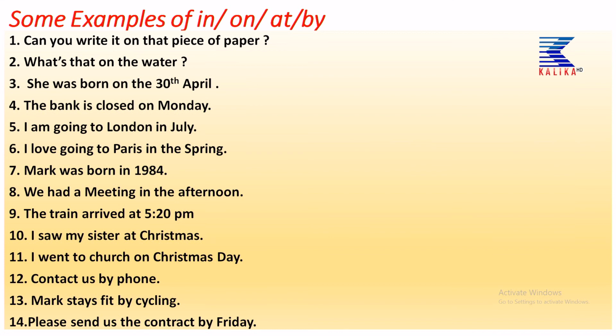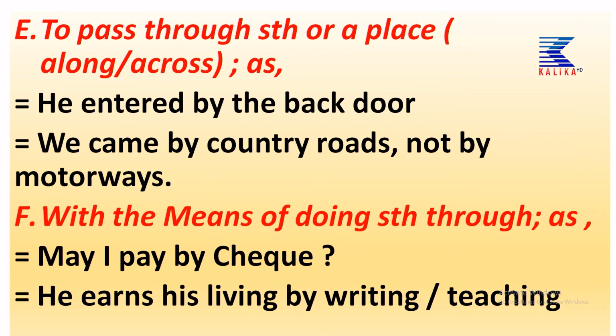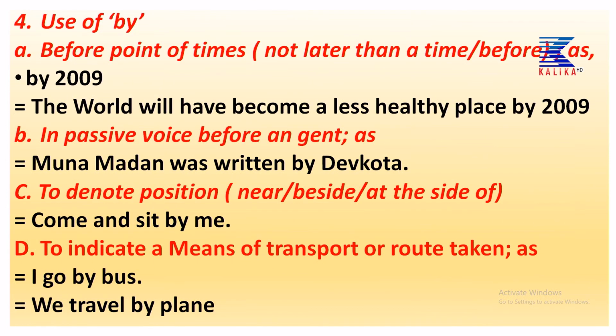So, I would like to go back again, children. I want to go back to the use of by, before points of time, meaning not later than. Here is the sentence, the world will have become a less healthy place by 2009.